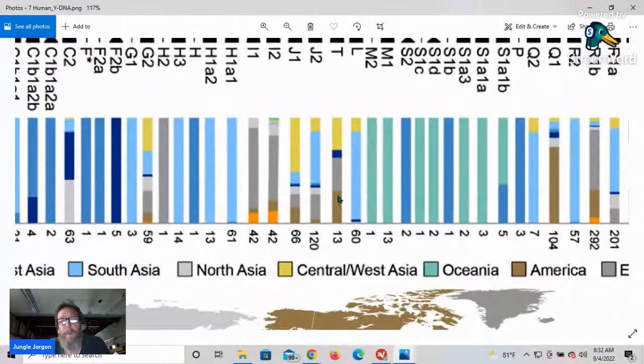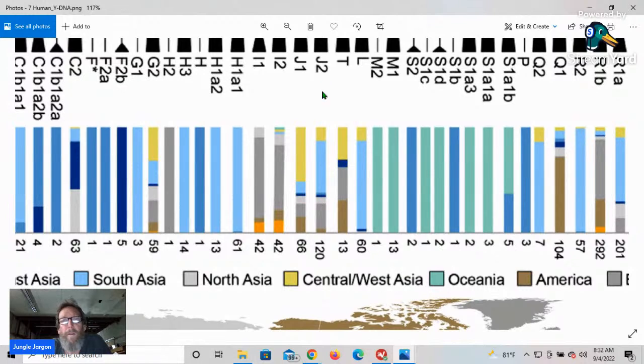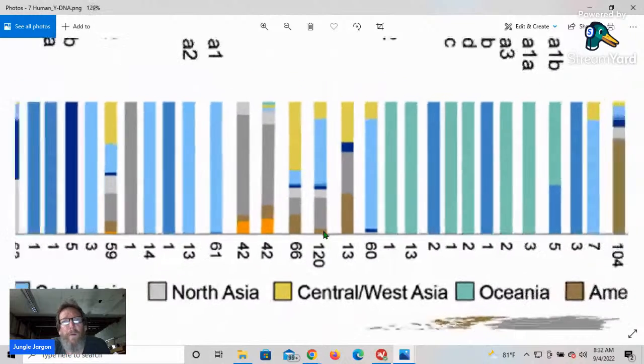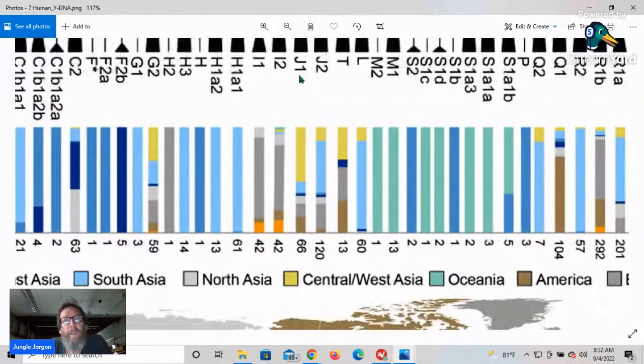It's comparable to the percentage of the R1b in America. The T, that's Mediterranean. R1b is Mediterranean. T is Mediterranean. What? J2? J2 in America? Have J2 in America. J1 in America.